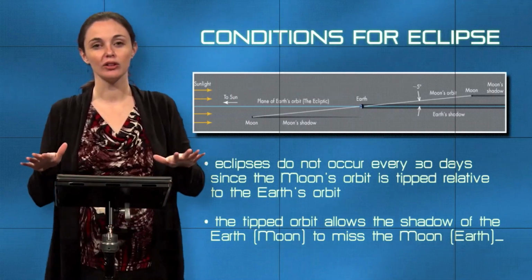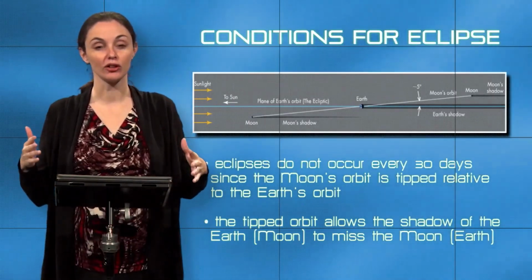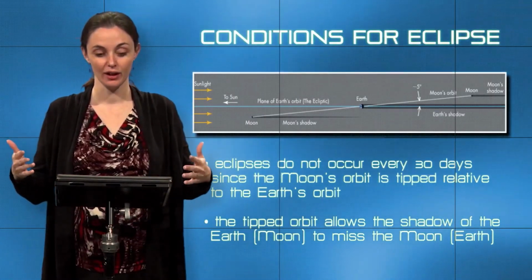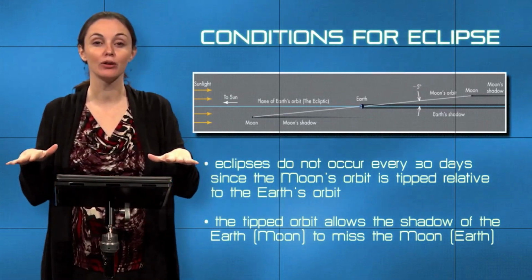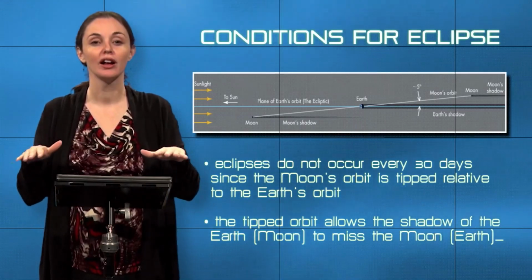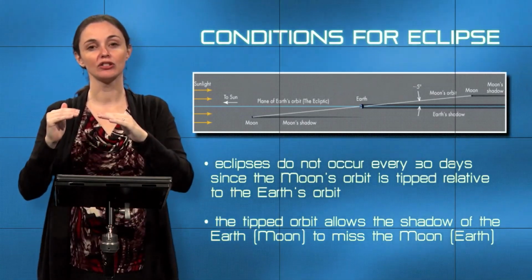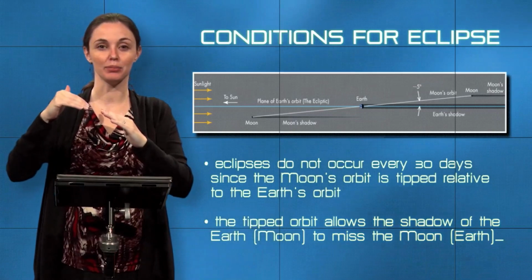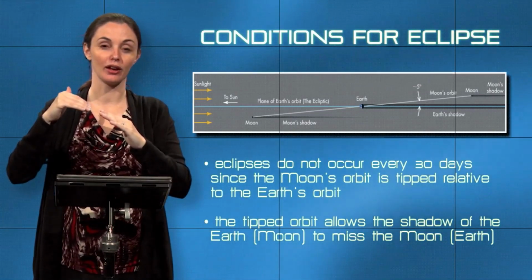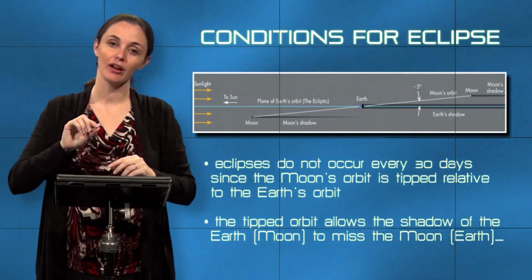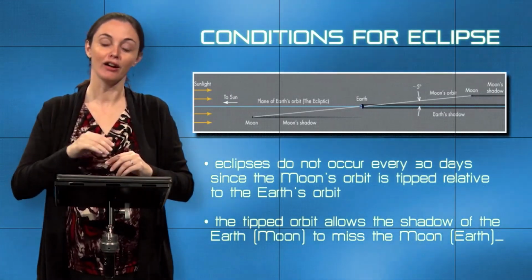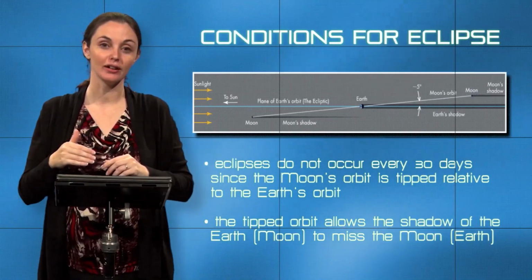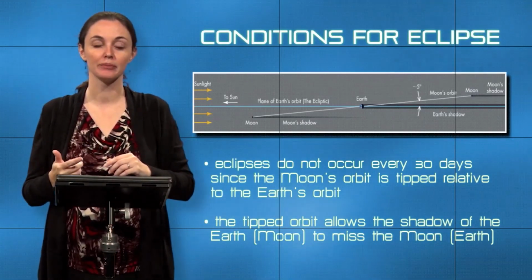So if you want to think about the orbit of the Earth around the sun as being something like a flat tabletop, or a flat surface of water, then you have to think about the moon as being slightly offset from that, slightly tipped in comparison to that other plane. And so that would have the moon crossing above and below the plane of the orbit of the Earth around the sun as it continues every month.